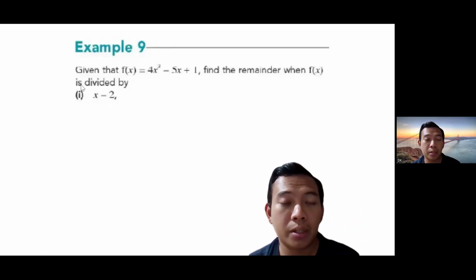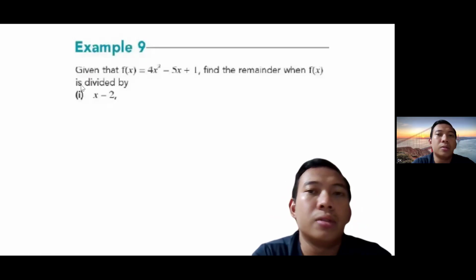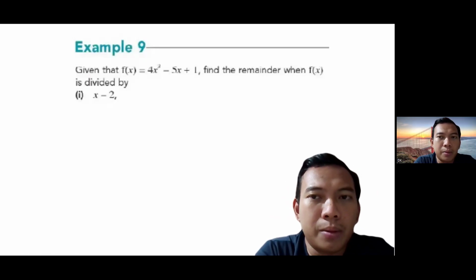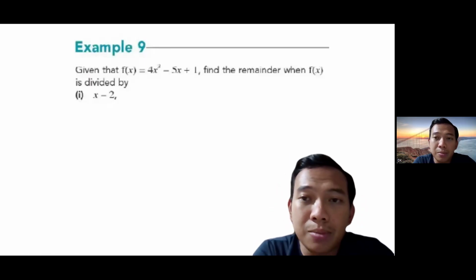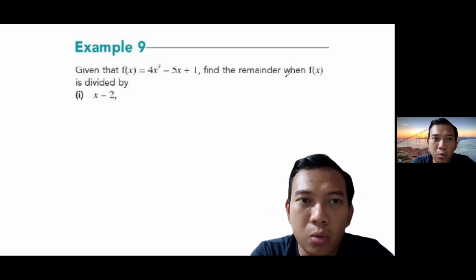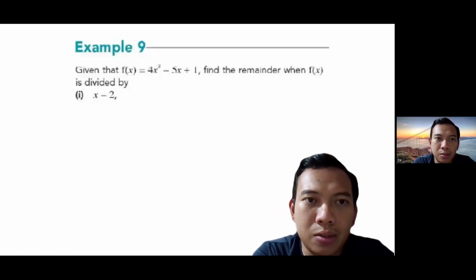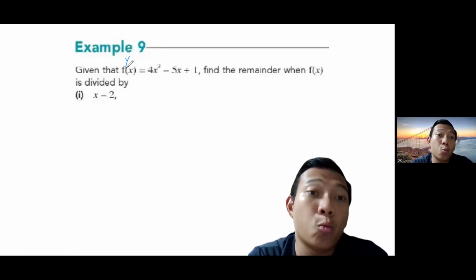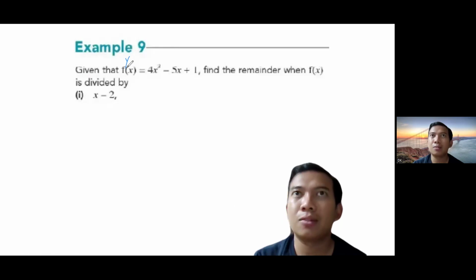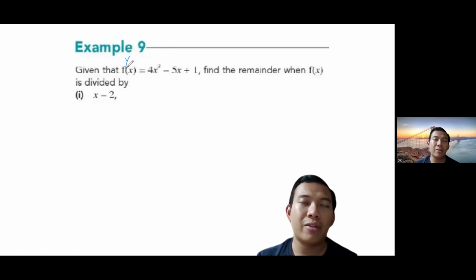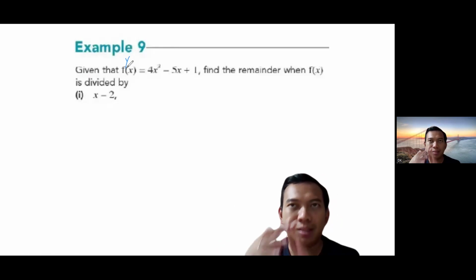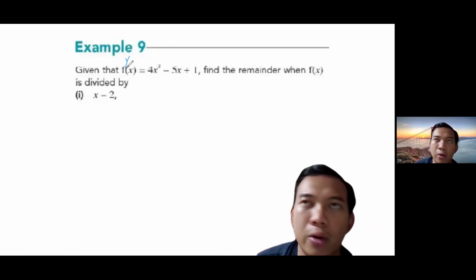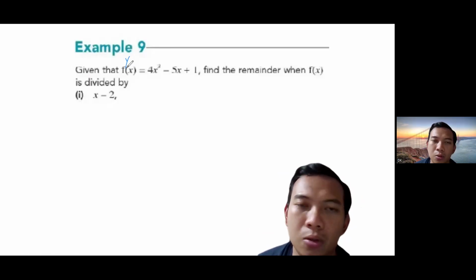This is the example when we have an f(x). f(x) is just something to replace y equals something, so don't worry if you see f(x). Y equals x squared or 4x squared, 4x cubed, and so on.